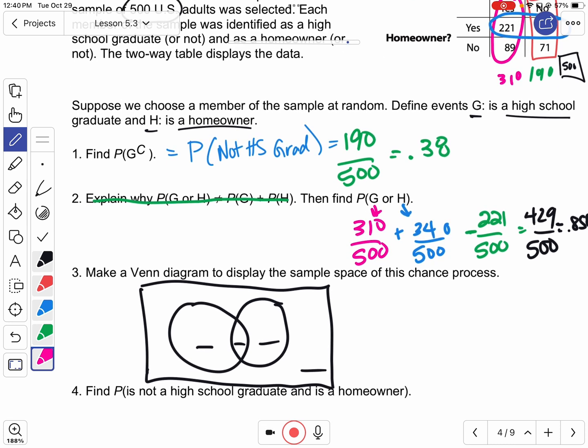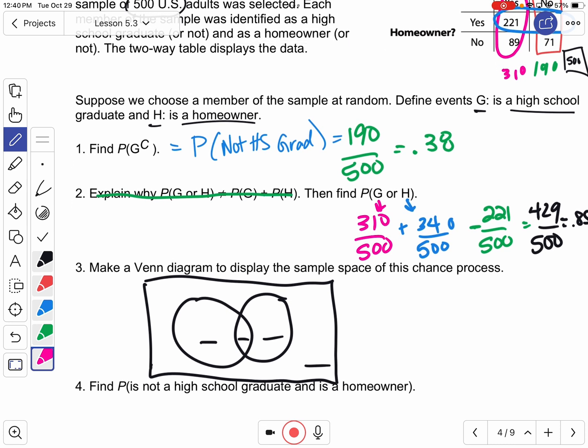What was my number for my yes, yes up there? 221. So it goes in the middle. Outside the circles is my no, no. How many did I have in my no, no? 71. Now, we're going to let this first one be the graduates, and this one be the homeowners.